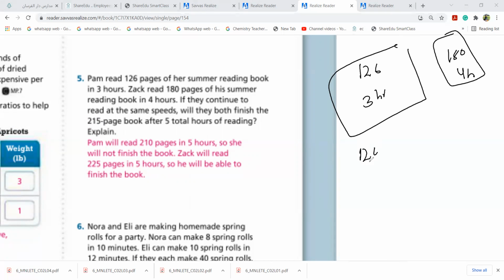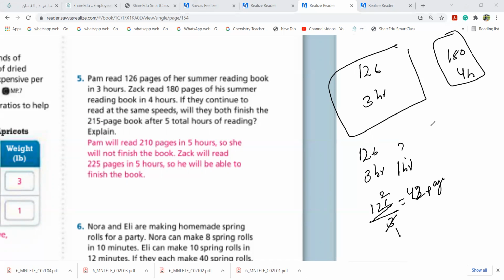So 126 pages means 3 hours. 1 hour, how much? So it's 126 divided by 3. What do you get? Yes, 42. You get 42 pages. So one hour means 42 pages.